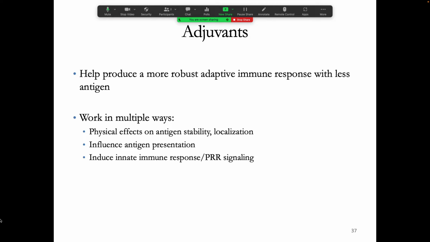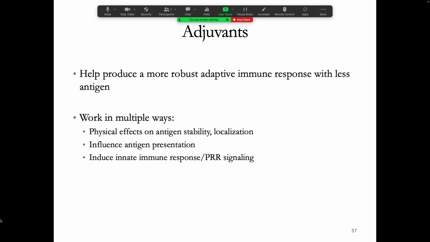You're going to have a fever. You're going to have aches. You're going to have a lot of side effects. As you increase this innate immune response and PRR signaling, you're going to start to feel more side effects. So good news, it's going to help you make a better adaptive immune response. But bad news, it also is going to give you more side effects.